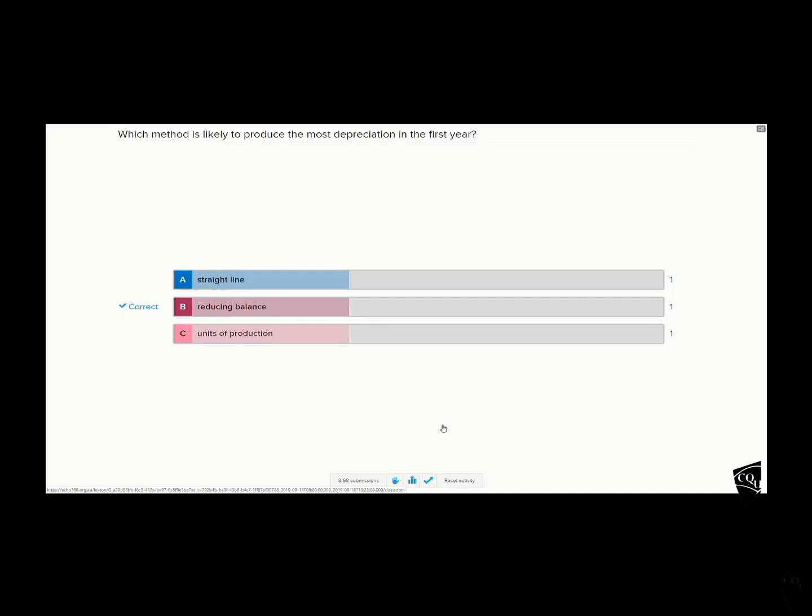They call it the reducing balance method because of how that method operates: the amount debited to depreciation each year is lesser than the year before. So the answer there is B.